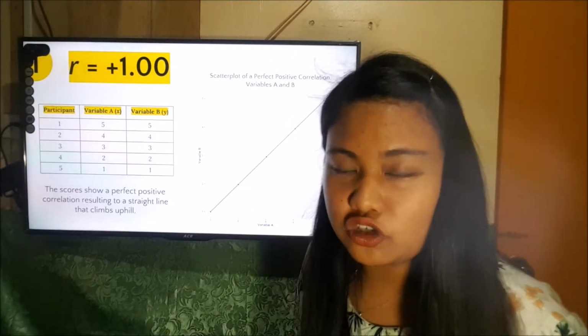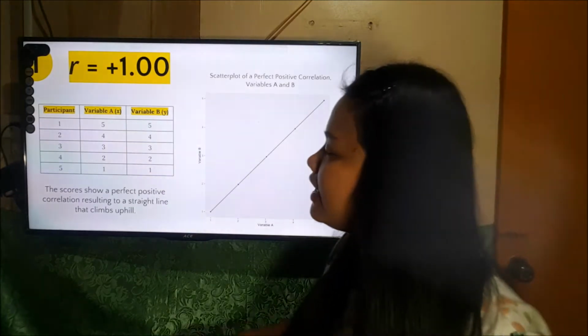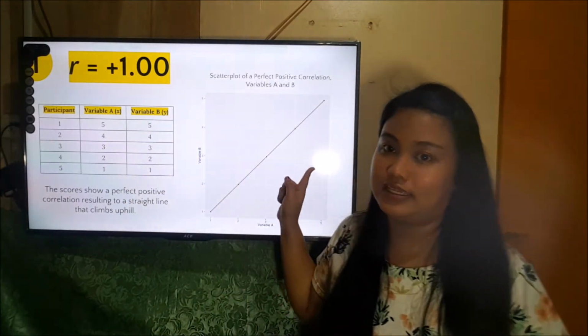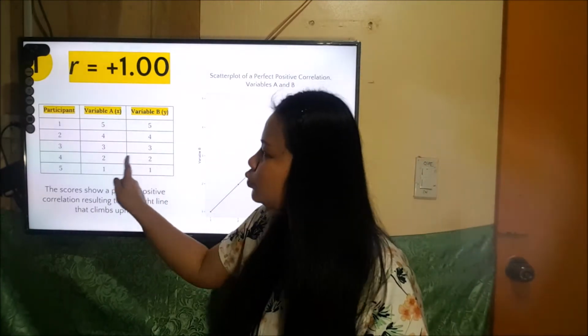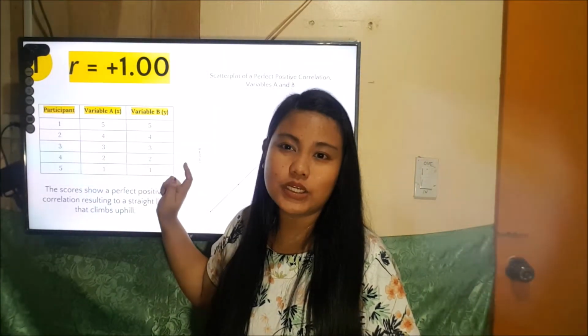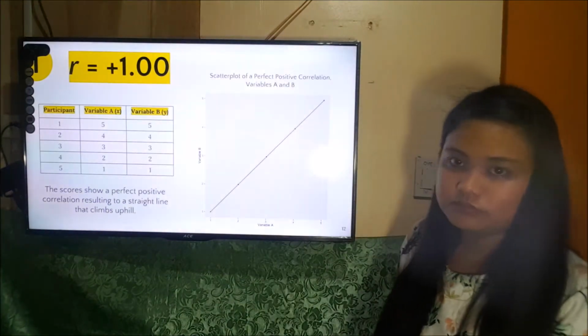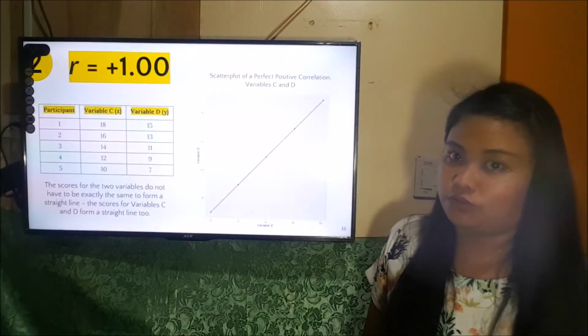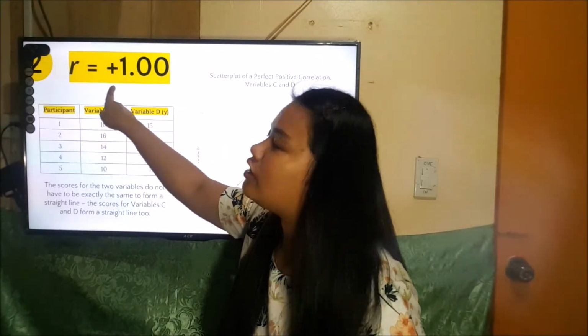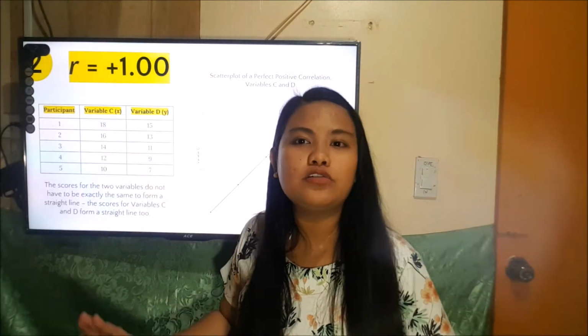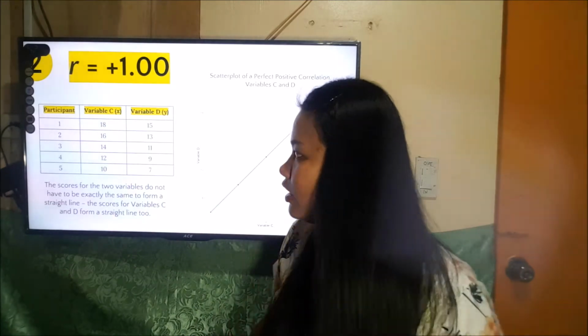Okay? Question: do the values always have to be the same to achieve this? To have a perfect positive correlation like this: 1, 1, 2, 2, 3, 3? The answer is no. Okay? And for the second set of values, we also have r equals positive 1, meaning we also have a perfect positive correlation.